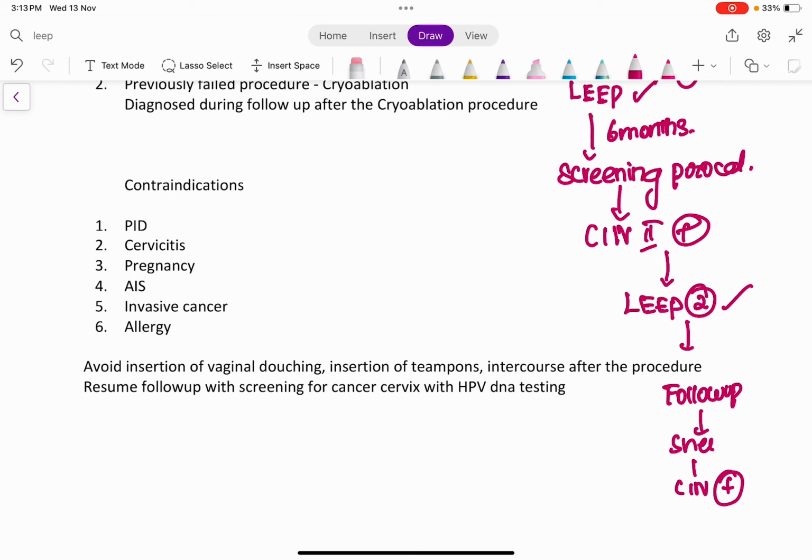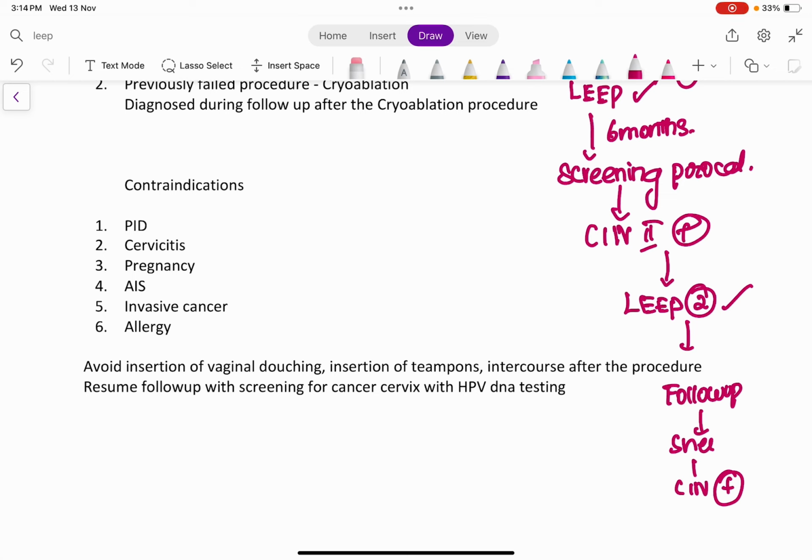Now you can consider hysterectomy in that patient if she comes under the appropriate age group category and she has completed her family. What I mean here is that irrespective of any age and parity, you're going to do this LEEP procedure, right? So even after repeating the LEEP procedure twice, if the disease is recurrent or persistent in that female, it is high time you consider hysterectomy in this patient, because if you do not, sooner or later this cervical intraepithelial neoplasia can progress and become an invasive cancer.